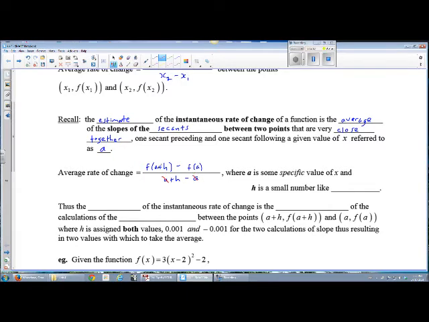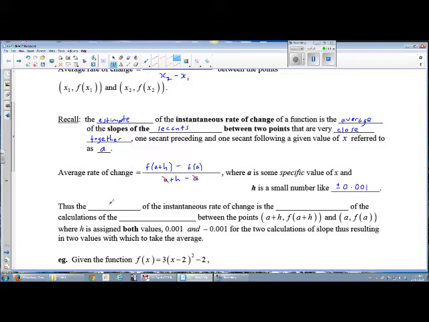So we're just left with f of a plus h minus f of a all over h, where a is some specific value of x, and h is a small number like positive or negative 0.001. Recall that h is just that tiny, tiny horizontal distance between two x values. And the x values are the independent values, thus determining the function values, the f of x values, which are the dependent values.